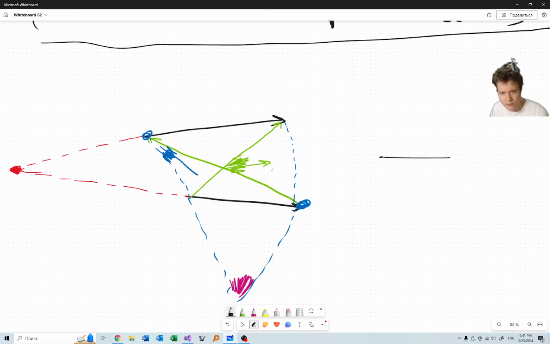Let me draw a more nice picture. What about these directions? For example, like this.